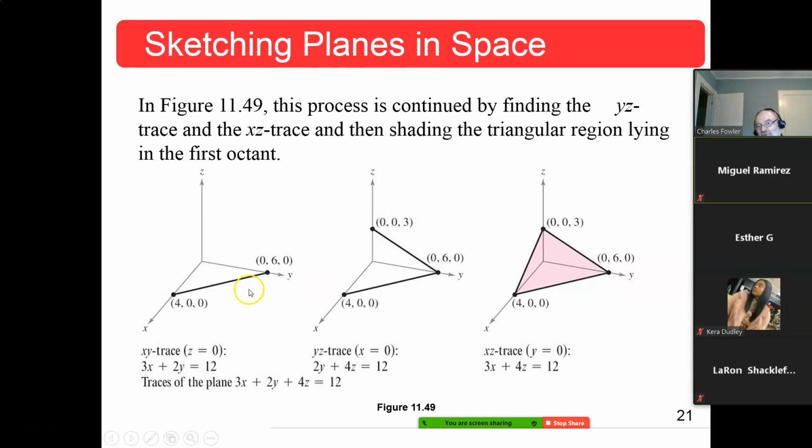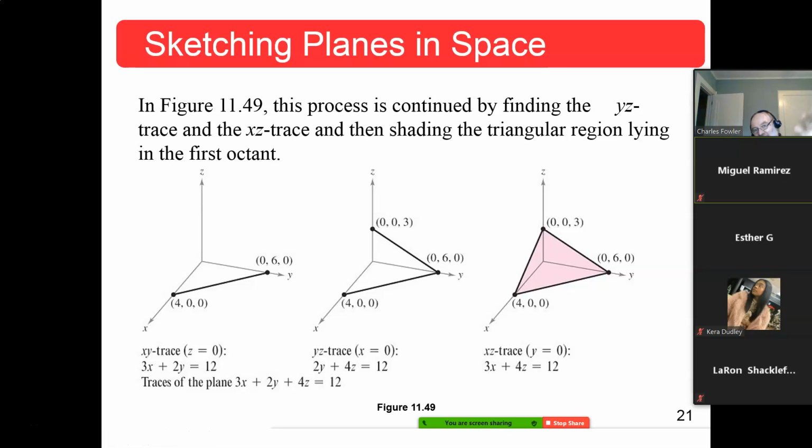Okay, so here's that first one we got, (4, 0, 0) and (0, 6, 0). Then when we did the same thing for the second one, we got, in addition to (0, 6, 0), (0, 0, 3), and then all you do is draw a line from that one to this one, and here is the sketch of that plane in the first octant.